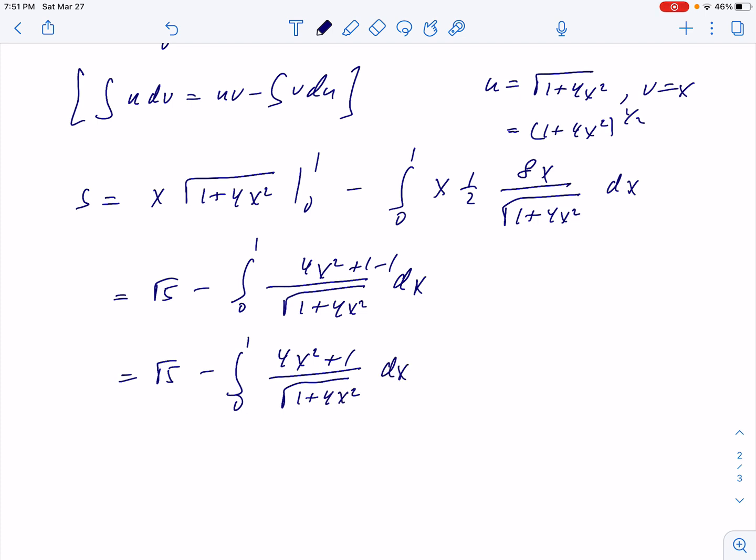So we split in two integrals, and then plus minus minus gives you plus integral 0 to 1 of just 1 on the top, here denominator square root of 1 plus 4x squared dx.